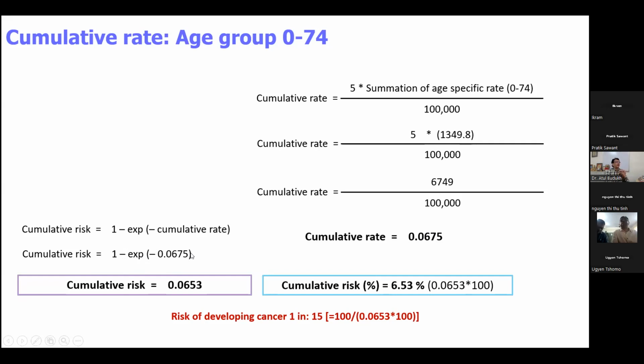This is the formula to calculate the risk. So this comes as 0.0653. And you have to multiply by 100 for the percentage, so this comes as 6.53. So you do the calculation 100 by 6.53. What will come? What is the result? 100 by 6.53.